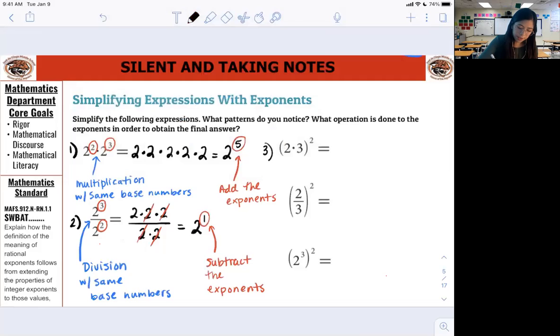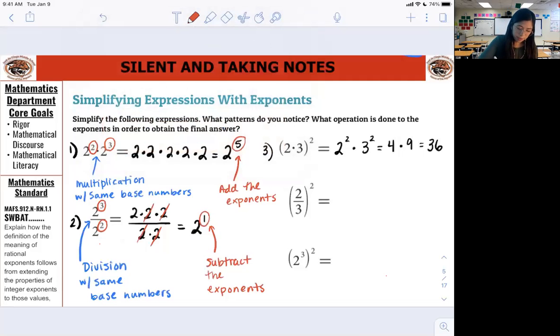I can also write this as 2 squared times 3 squared. 2 squared is 4. 3 squared is 9. 4 times 9 is 36. I came to the same answer a different way than when we did it the first time around.